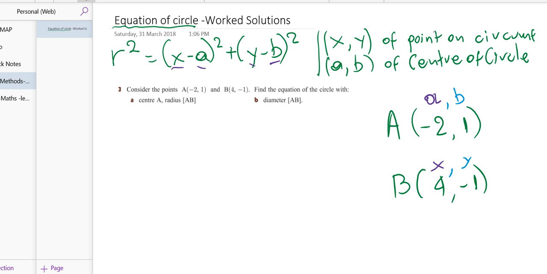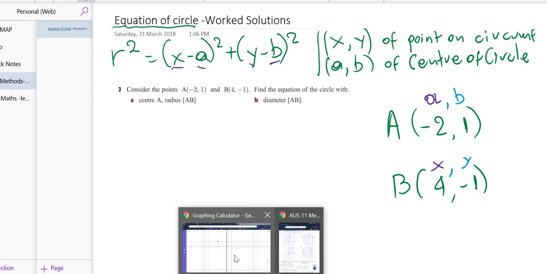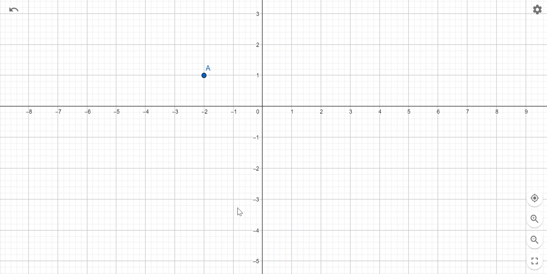For those who cannot visualize it, I would like to show how to do it on GeoGebra. Click GeoGebra and put a point at the coordinates of A, -2, 1.